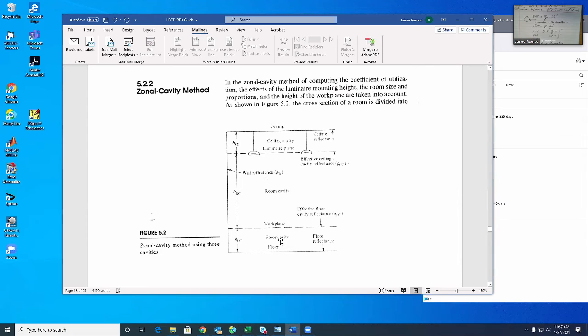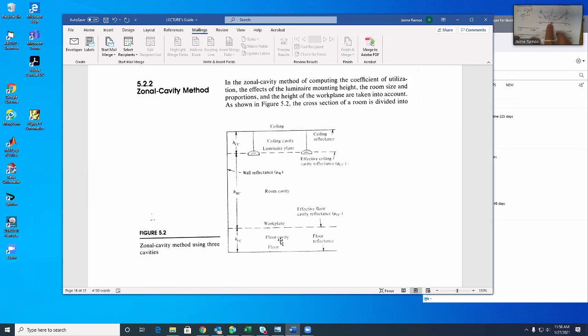What do I mean by point-by-point calculation? This is what I mean. Let me show you. We just look at that.